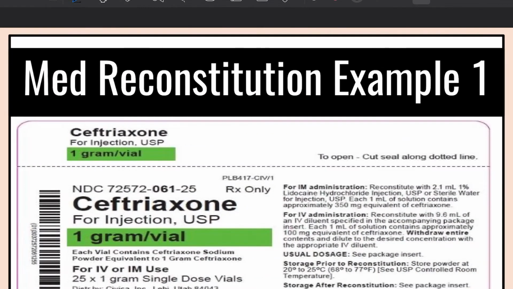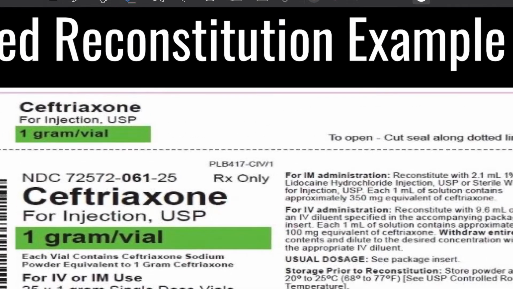All right, so looking at how we're going to figure out how to reconstitute these medications. The labels for these that have to be reconstituted are going to tell you. All right, so looking here, ceftriaxone for injection. This is an antibiotic.